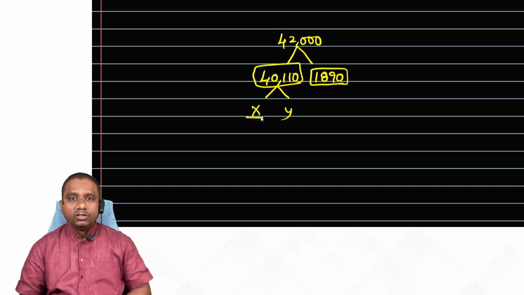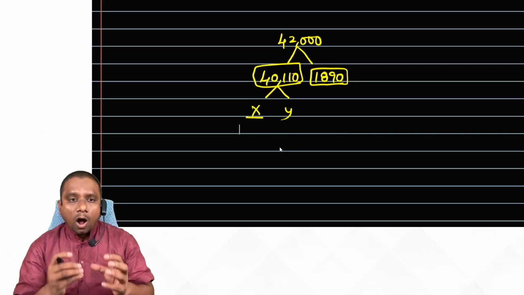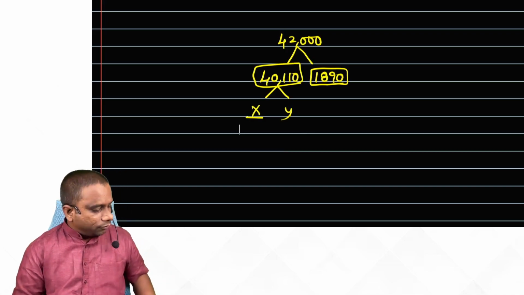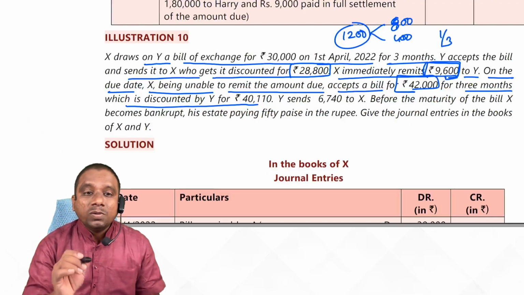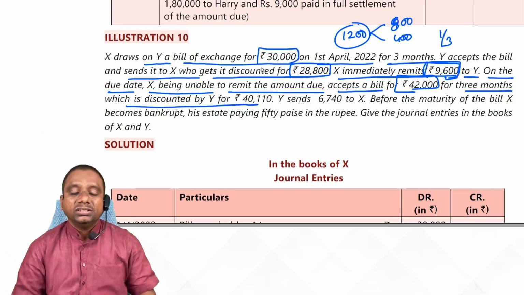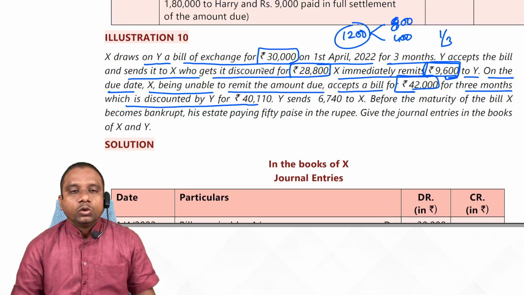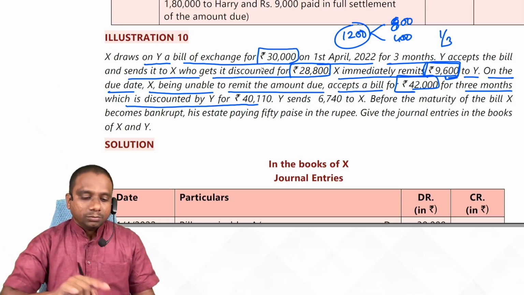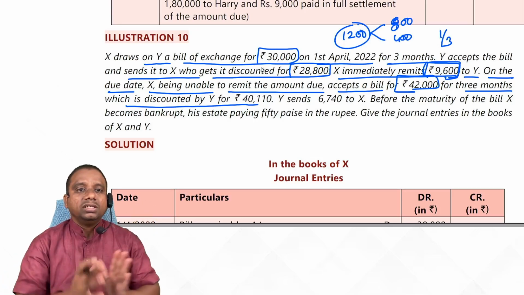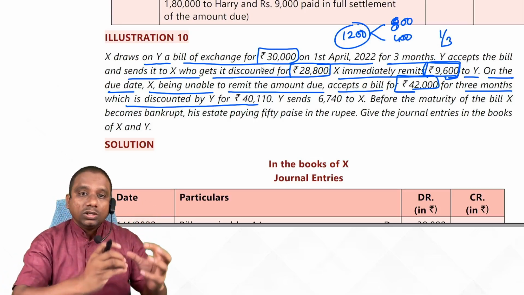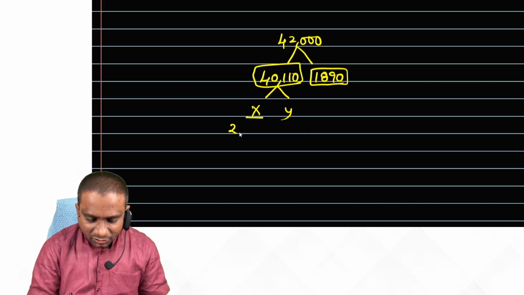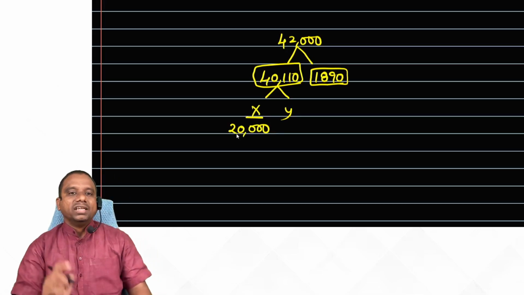Out of the first bill, how much amount was utilized by X? 30,000 into 2 by 3, so 20,000 rupees is utilized by X. After discounting the second bill, Y first honors the first bill. That means X has utilized 20,000 rupees indirectly. Yes or no, students?